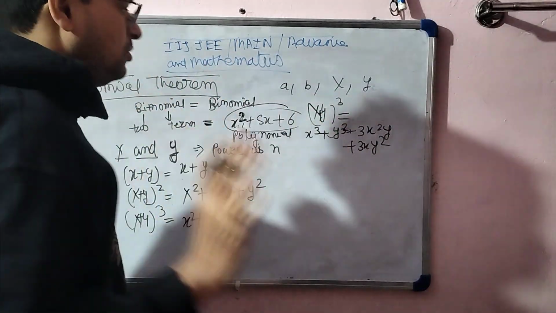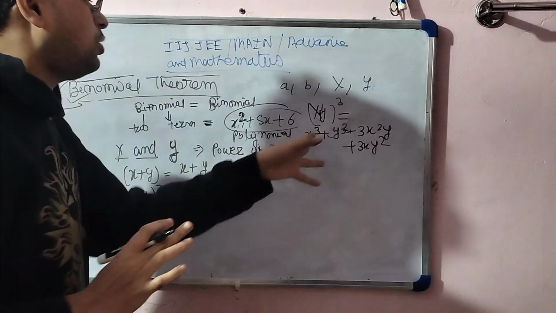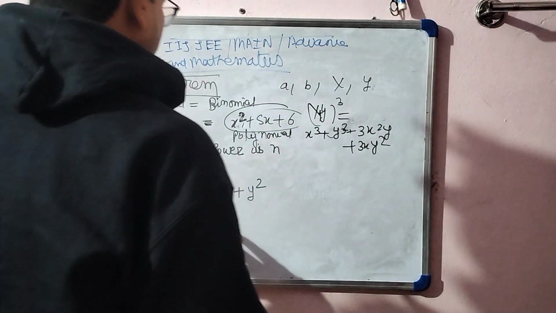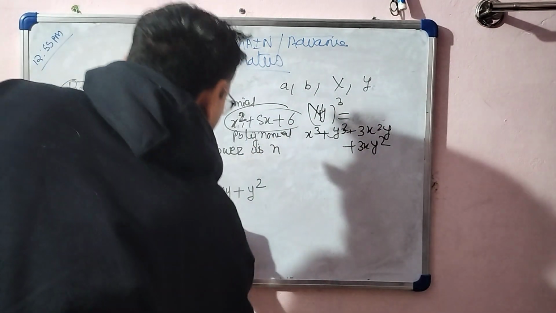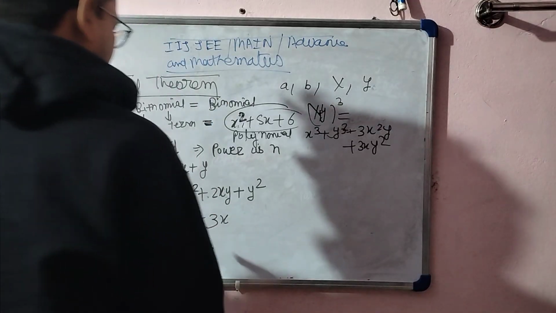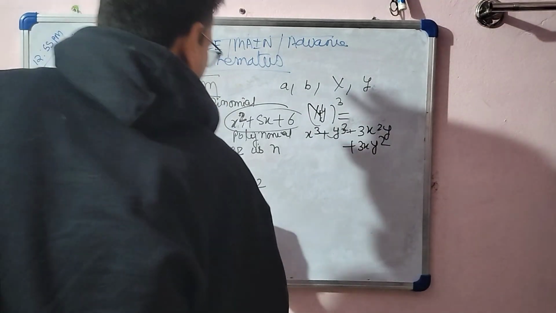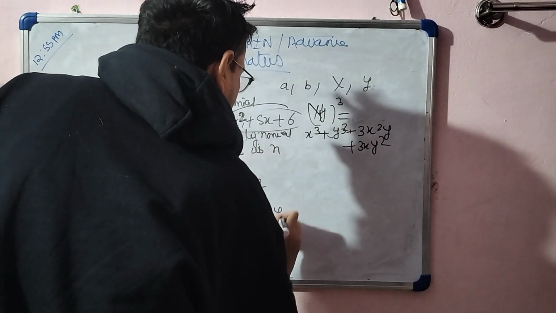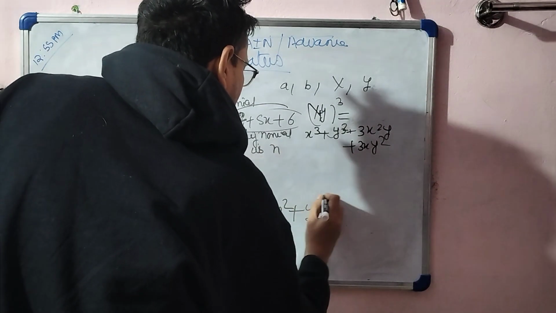You have understood that expansion of x plus y cube. The formula is x cube plus 3x square y plus 3xy square plus y cube.